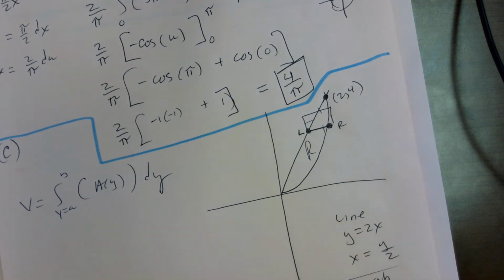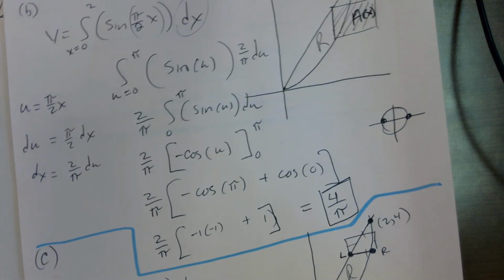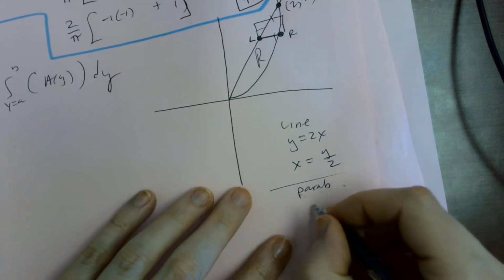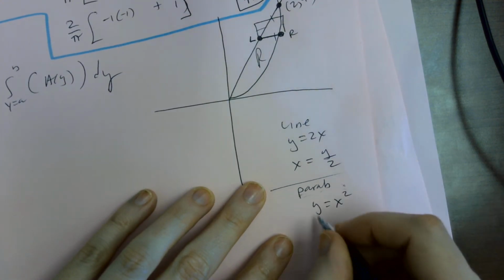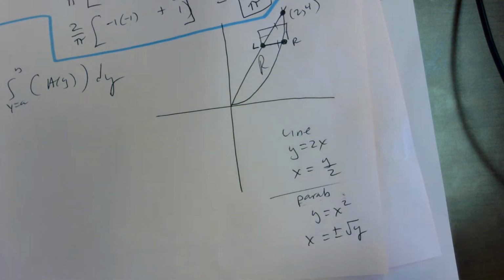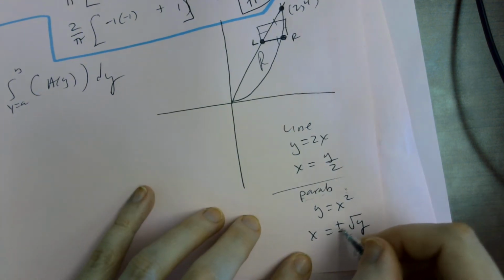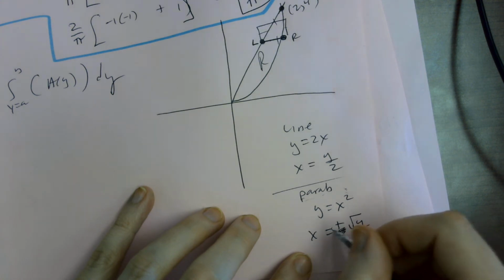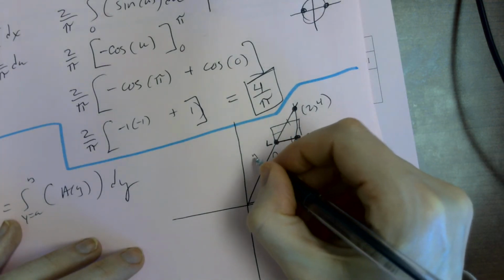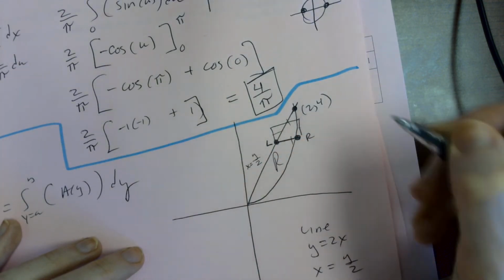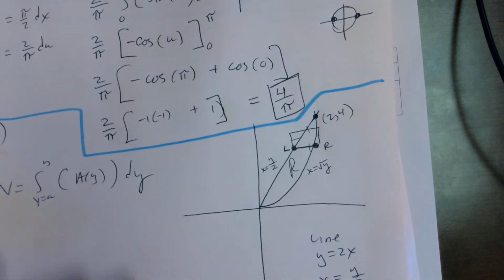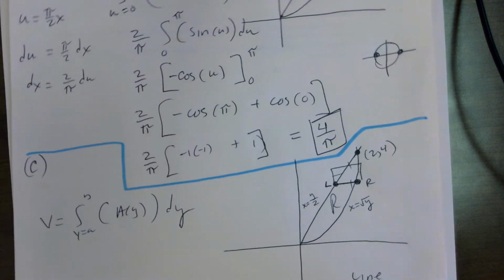Then the parabola is y equals x squared. Take the square root of both sides, so x is plus or minus radical y, but we're in the first quadrant, so it's the plus one. So the line is x equals y over 2, and the parabola is x equals radical y, so we're going to be using those.